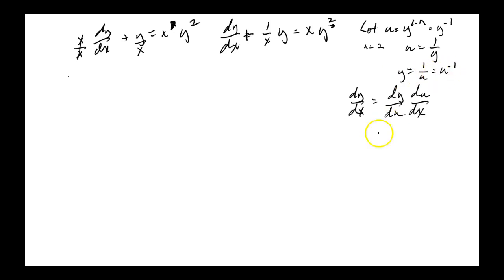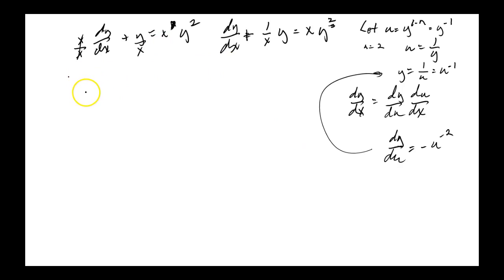If y is equal to u to the minus 1, dy/du is equal to, we're not integrating, differentiating. We're doing dy/du. Negative 1 u to the negative 2. Or you could do negative 1 over u squared. Perfect. So that's what dy/dx is.